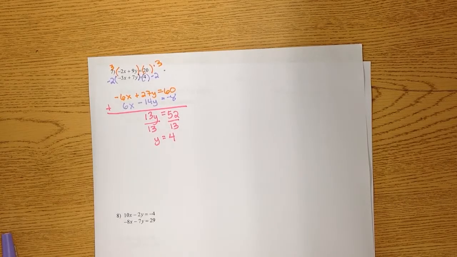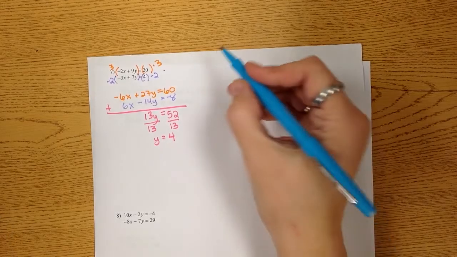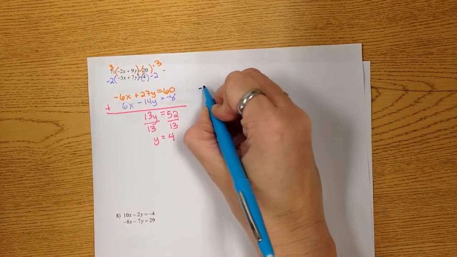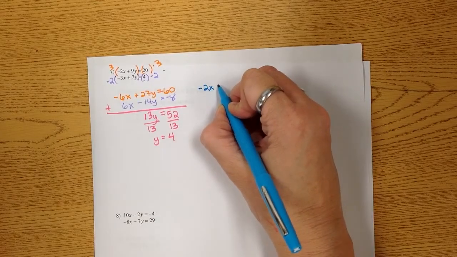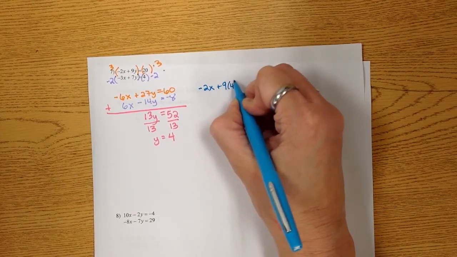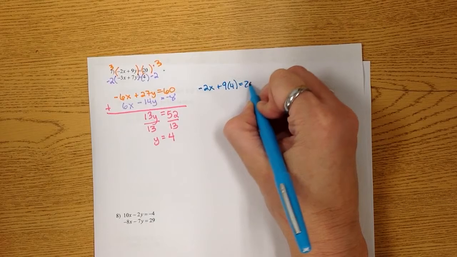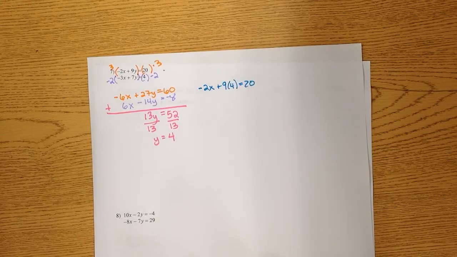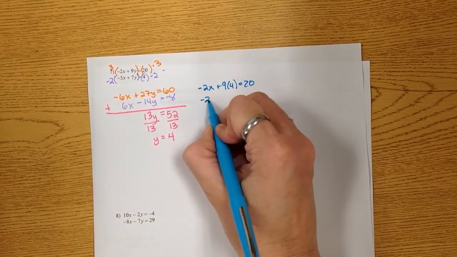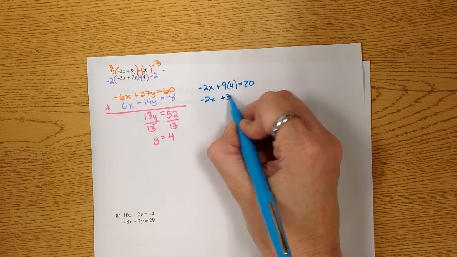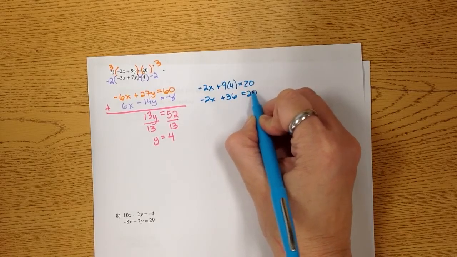Again, I don't need just 4 for y, I need something for x. So I need to plug that back in. So negative 2x plus 9 times 4 equals 20. Negative 2x plus 36 equals 20.